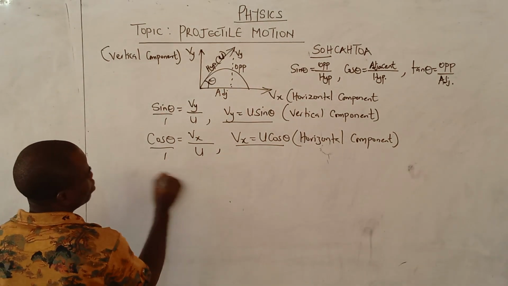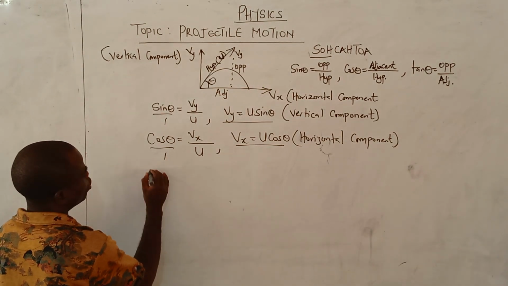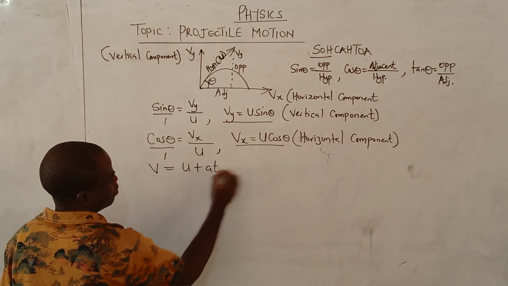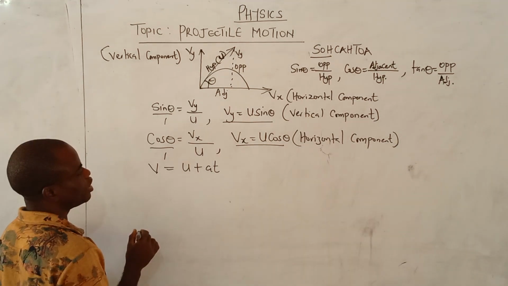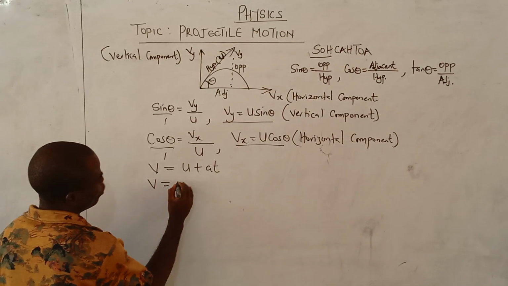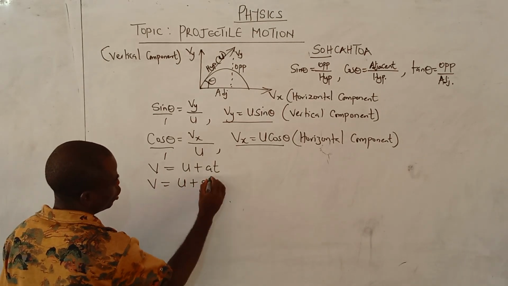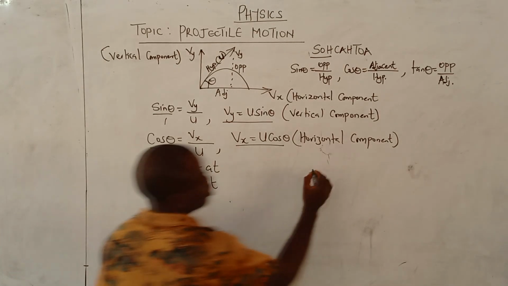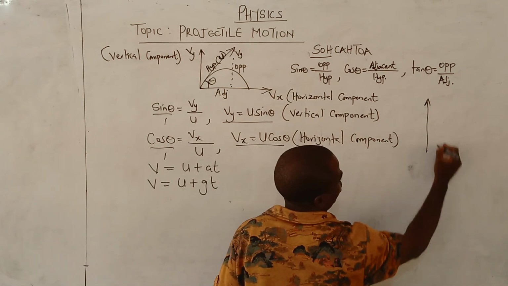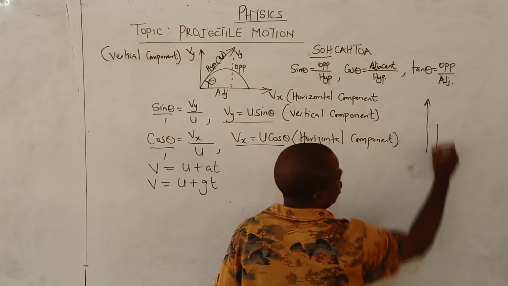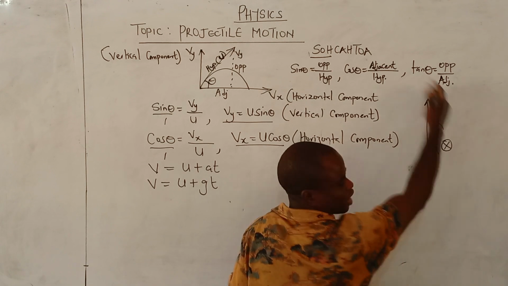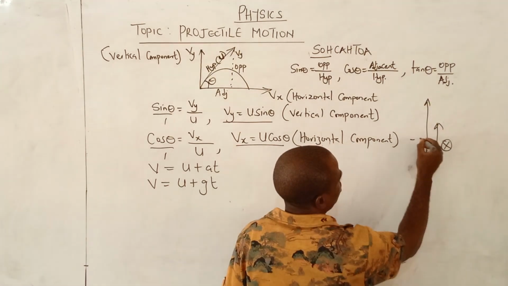Now let's go into the first equation of motion: V equals u plus at. But when you are dealing with acceleration due to gravity, it changes to V equals u plus gt. a will turn to g. But take note of this. When you throw an object up, it goes against the force of gravity, so it will be minus g.